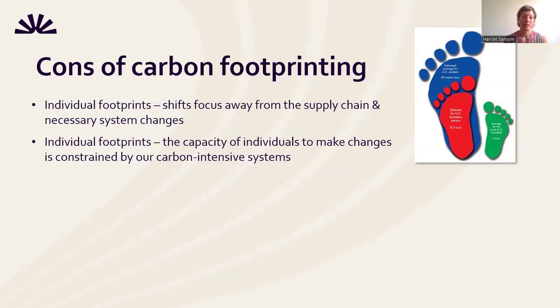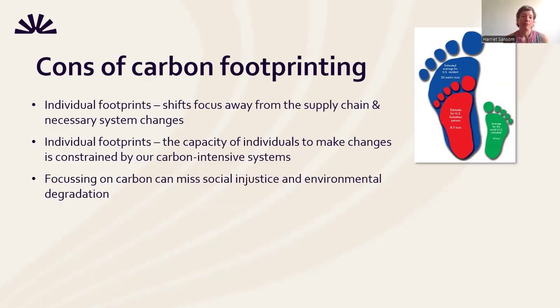So it's evidencing that, even where an individual is making very low carbon consumption choices, or not really making any consumption choices, their footprint is still higher if they reside in a carbon intensive society.